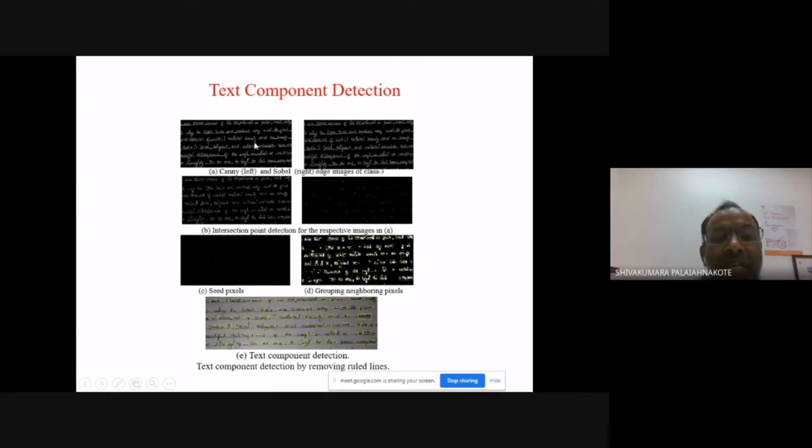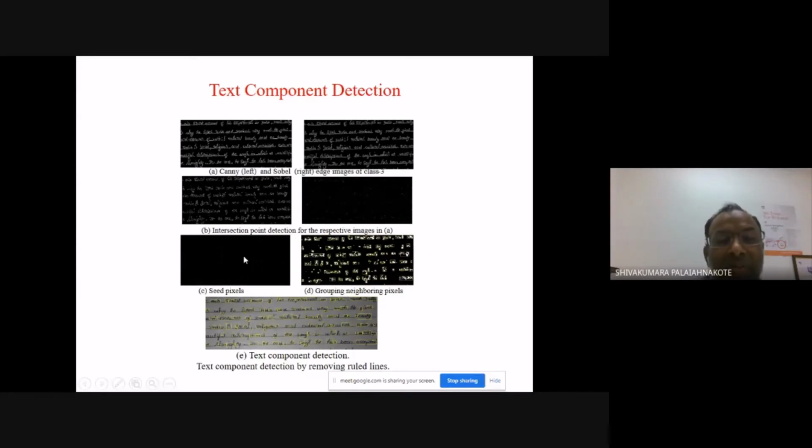If we extract the intersection points, we can automatically eliminate the problems of the connected lines, like a ruler line. Again, we intersect these two, Canny and Sobel. So these are the actual dominant points, not really lines or noise, because they are intersection points.